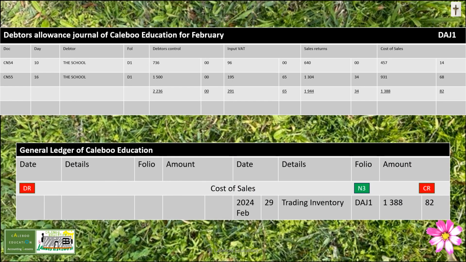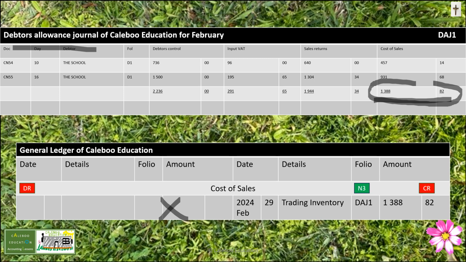And the last entry into the general ledger is the actual cost of sales amount. Now remember, this is the allowance journal, sales returns. So the original cost of sales is actually too big, the amount, in the debtors journal. Remember, there was an amount here, it would have been on the debit side, which resulted from credit sales.